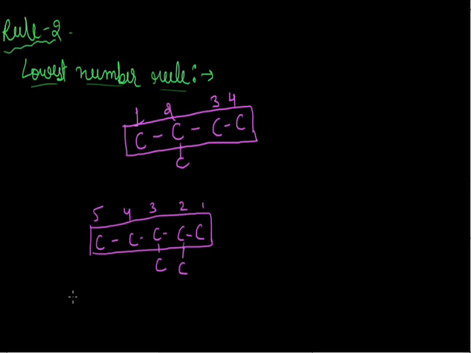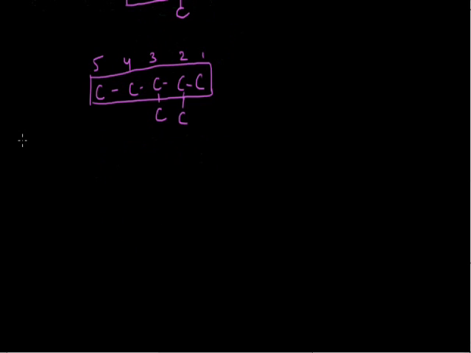If a multiple bond is present in the chain, the carbon atoms involved in the multiple bond should get the lowest possible number. If there is a double bond or triple bond between carbon and carbon, then we will number the carbon chain from the side in which the double bond or triple bond is present nearer. We give priority to multiple bonds.